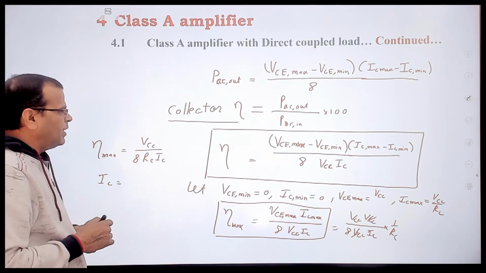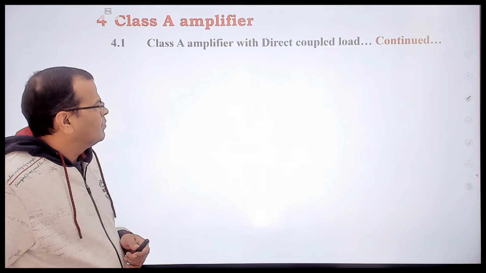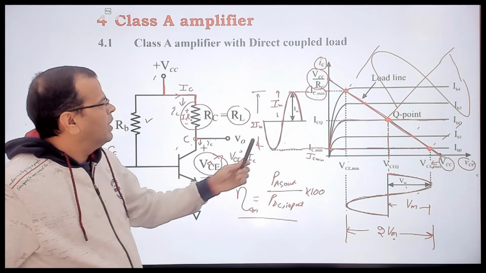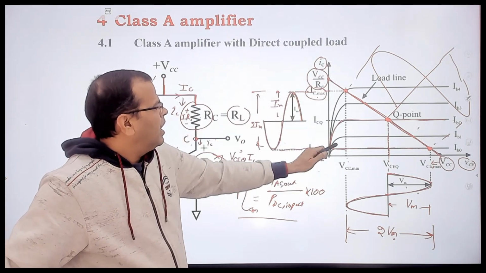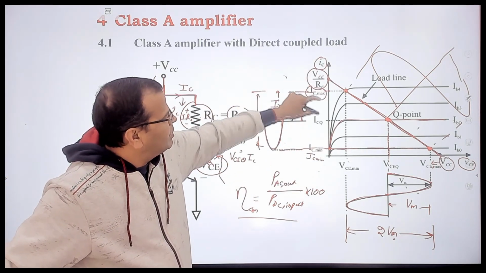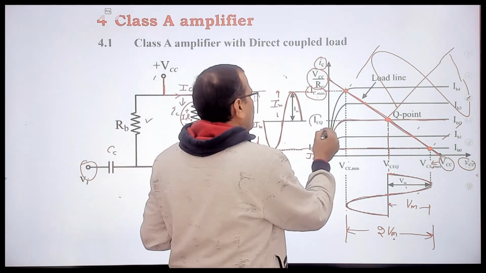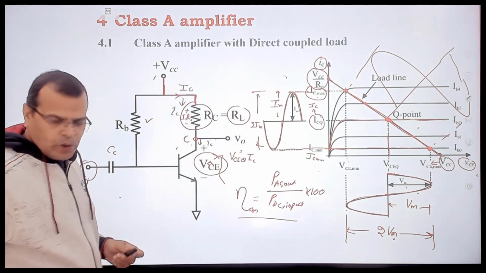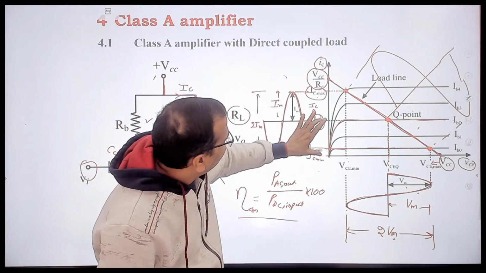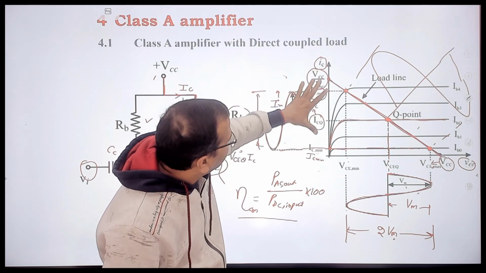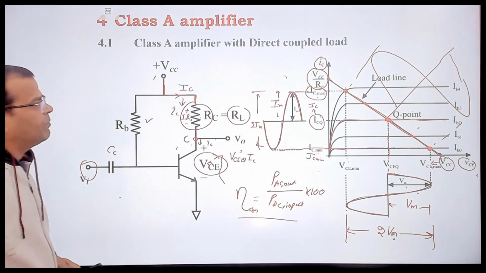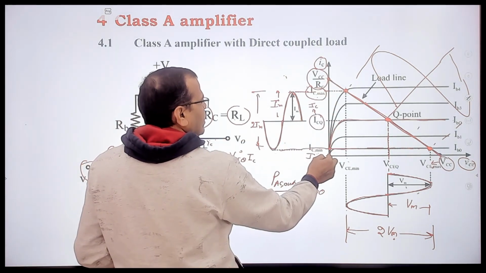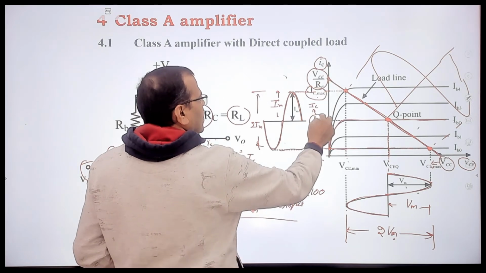Please see it carefully: I_C here is the DC current, that is I_CQ. If you see this is the value of I_CQ, then V_CC upon R_C will be twice I_CQ. That is what I am trying to say: V_CC upon R_C, the value of the collector current from here to here, is twice the I_CQ.